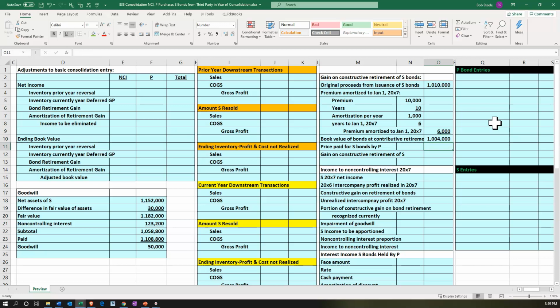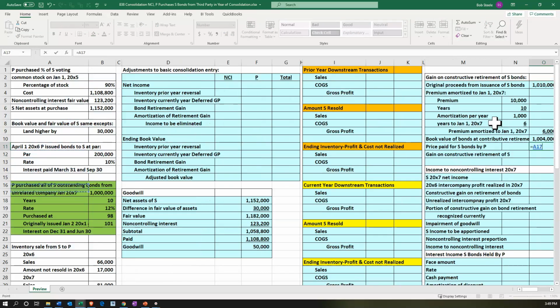But how much did P pay for them? P paid for these bonds 100,000, they purchased them from a third party, but they paid that 98, which we read as 0.98 or 98%. So they purchased them at a discount of the 100. So then times 0.98.